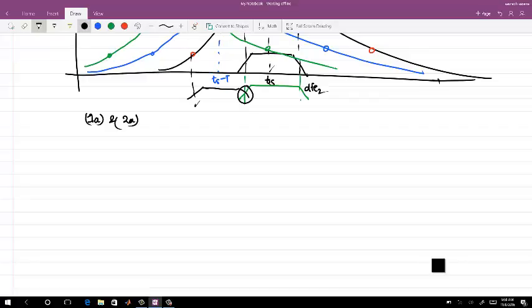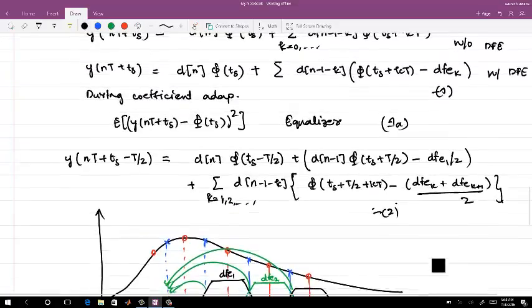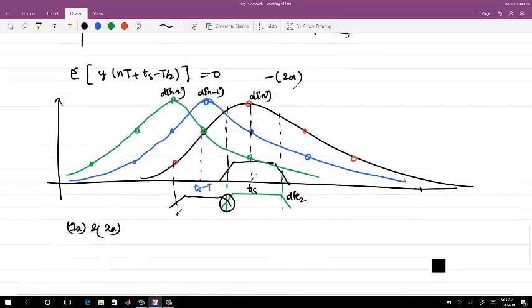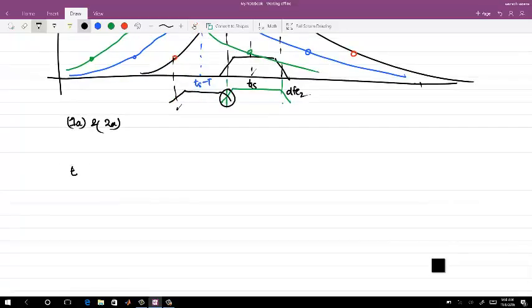The other case is where the edge error will be minimized. That will be E of y at t plus Ts minus T by 2. This is just the edge error we are calculating, and this error should be minimized.